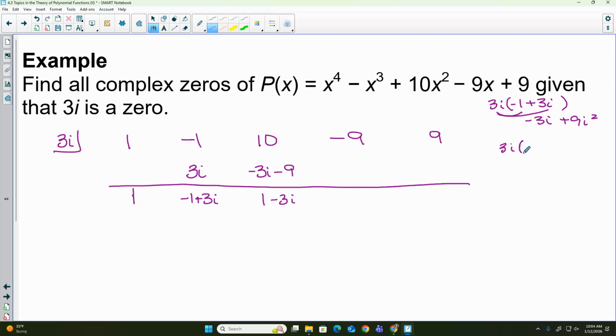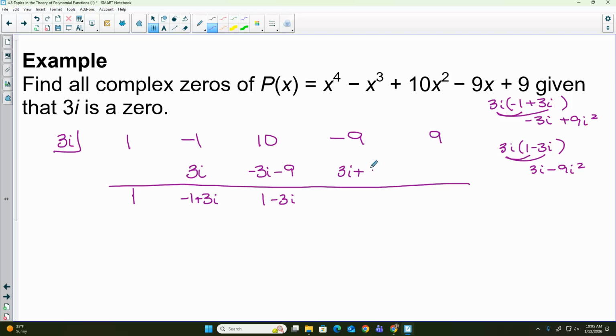So then we have to multiply 3i times 1 minus 3i. So we get 3i minus 9i squared. What is -9i squared? 9.